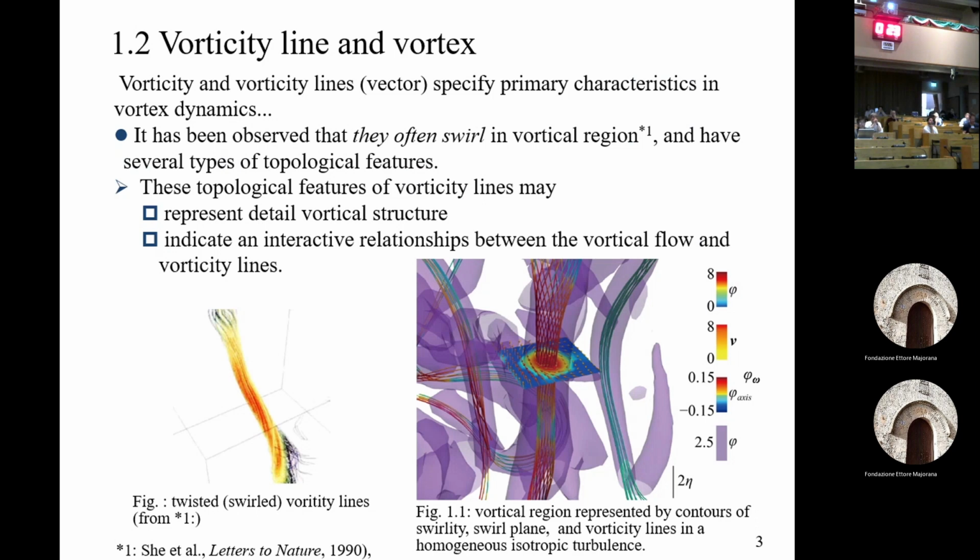On the other hand, it has been observed for a long time that vorticity lines sometimes swirl in a vortical region, and they have several types of topological features, swirling or going straight. These topological features of the vorticity line may represent detailed vortical structure, or may indicate some kind of interactive relationship between vortical flow and vorticity lines.